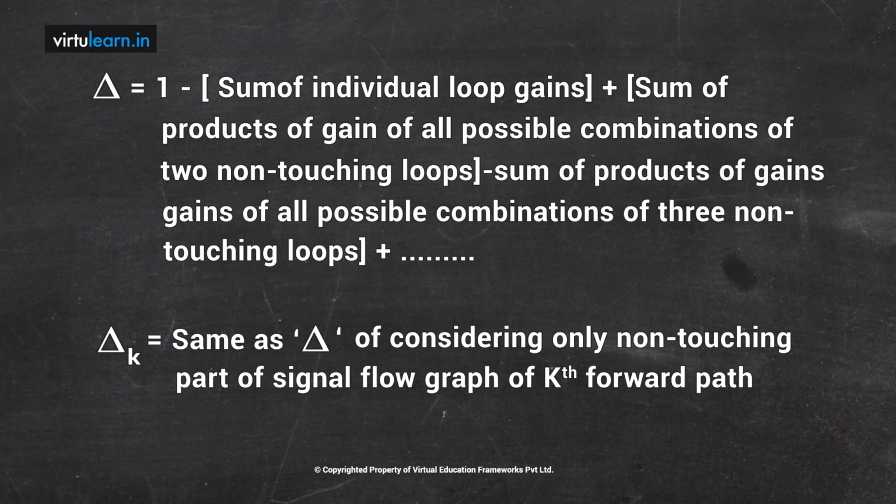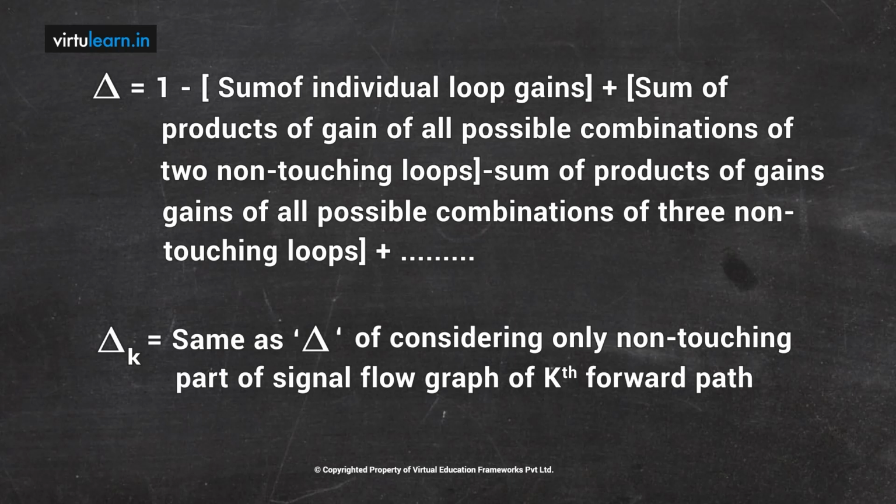If any loops or self loops are available, we take all those into account and find the delta value for that particular forward path. So delta k is the determinant of the graph, not the entire graph but the remaining graph after eliminating all the nodes of the kth forward path.